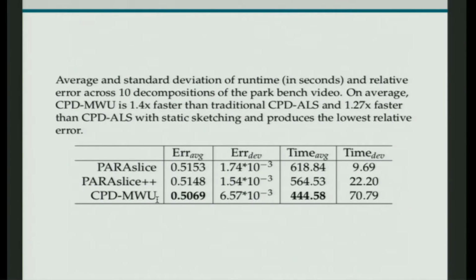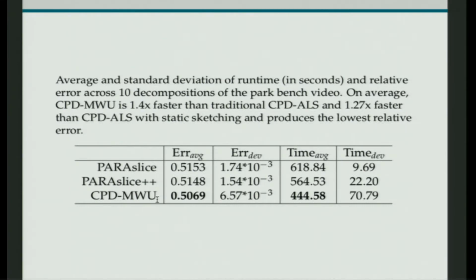Okay, and you can look at the error, the standard deviation of the error, the time, and the standard deviation of the time. To within one standard deviation, the multiplicative weight updates algorithm beats both ALS. Again, this is a parallel implementation of ALS, and this is ALS with a fixed sketching rate.